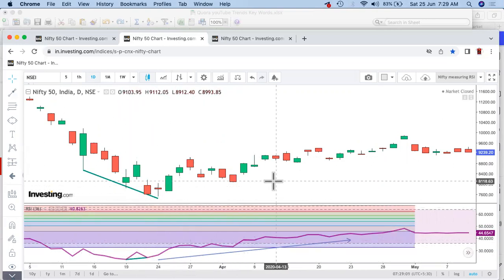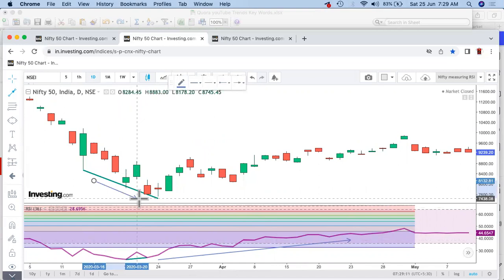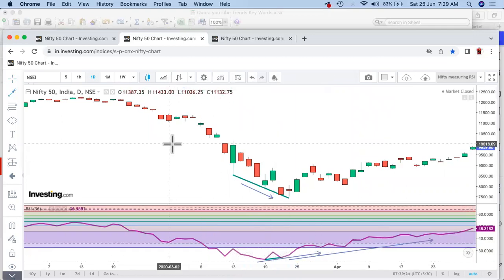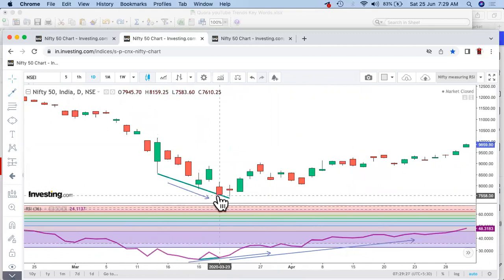Now, the price over here had been coming down, but the strength over here has been gradually going up. So price has been going down, in a downward direction, but our RSI strength has been going in an upward direction.